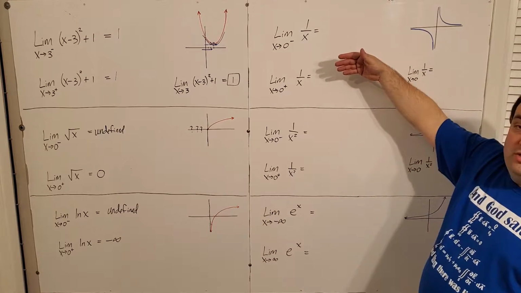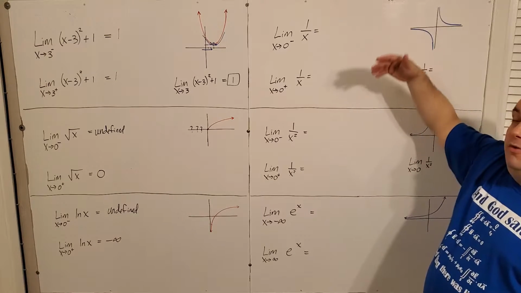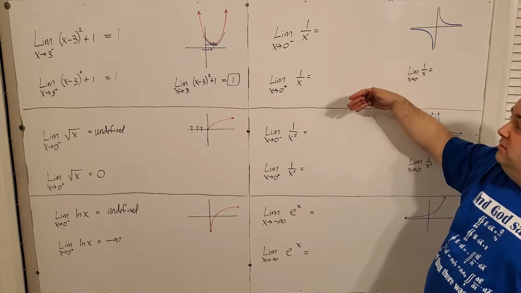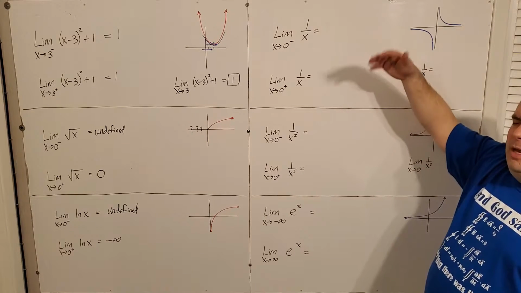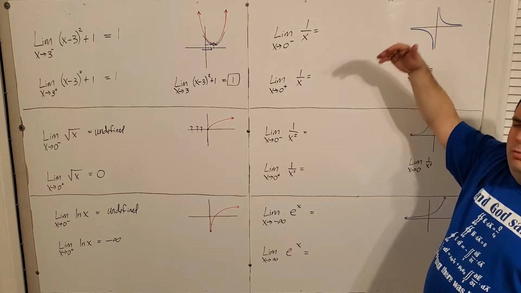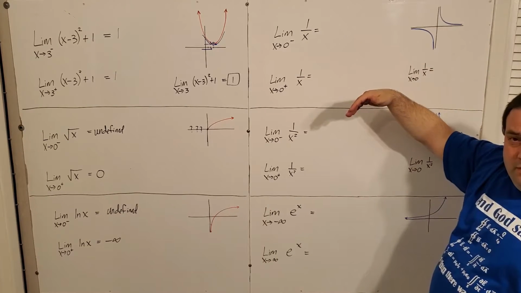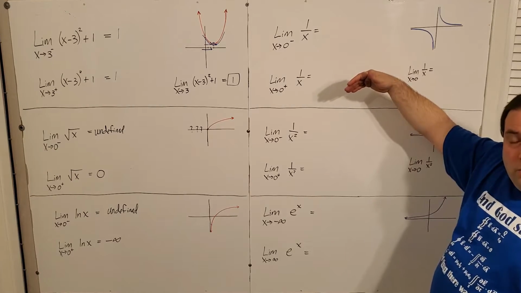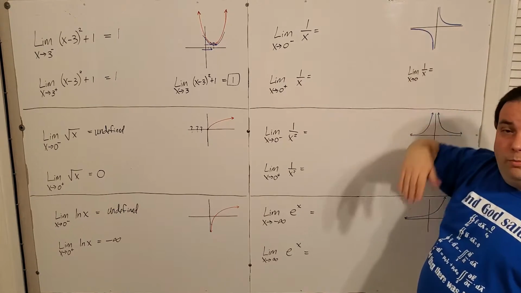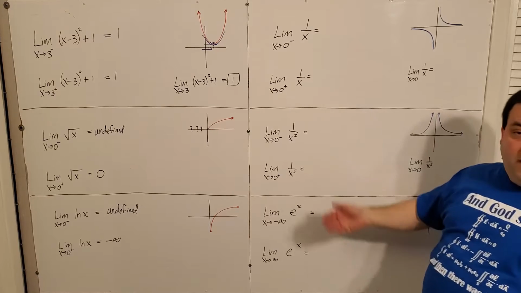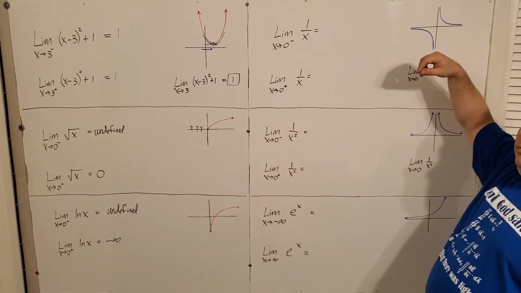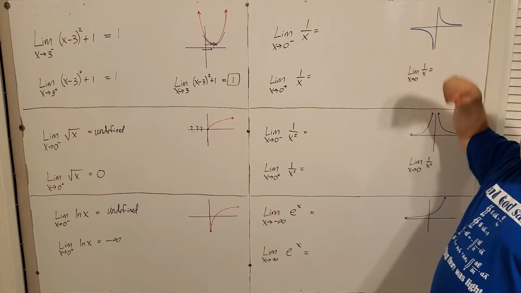1 over 2 is just a half, right? But 1 over 1 would be 1. 1 over 0.5 would be 2. 1 over 0.1 would be 10. 1 over 0.001 would be 1,000, right? 1 over 0.0001 would be 10,000, I'm sorry.